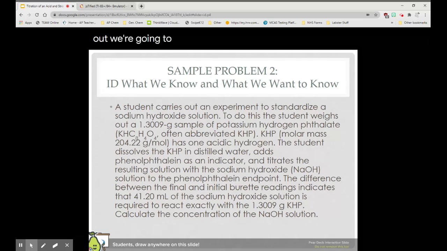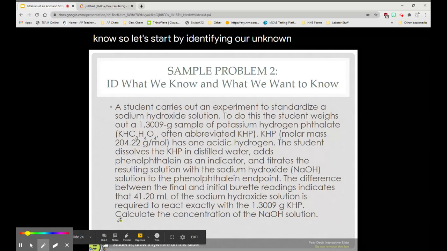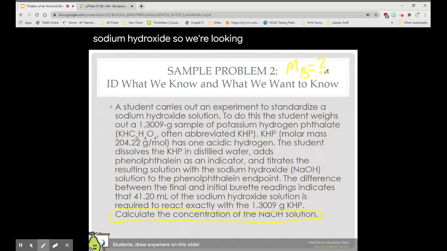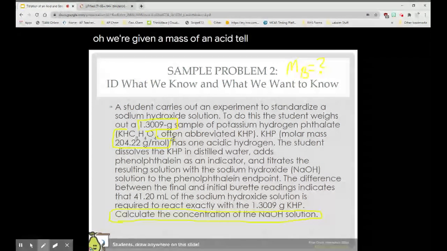So what we're going to do is pull everything that we need to know. Let's start by identifying our unknown here. What do we need to do? All right, we need the concentration of sodium hydroxide. So we're looking for the molarity of the base. We're given a mass of an acid. It tells us right here there's one acidic proton.